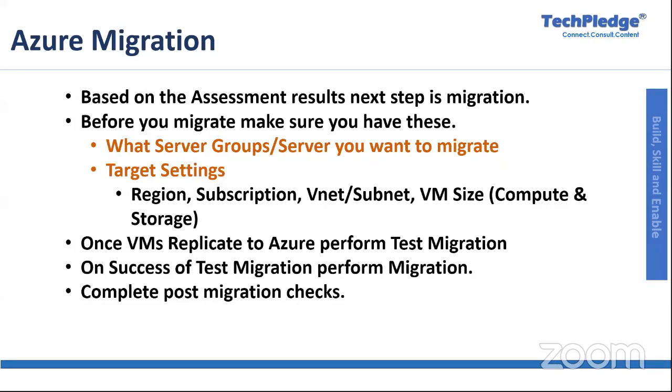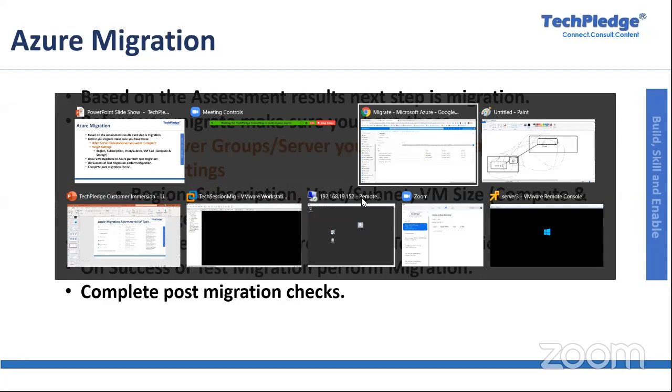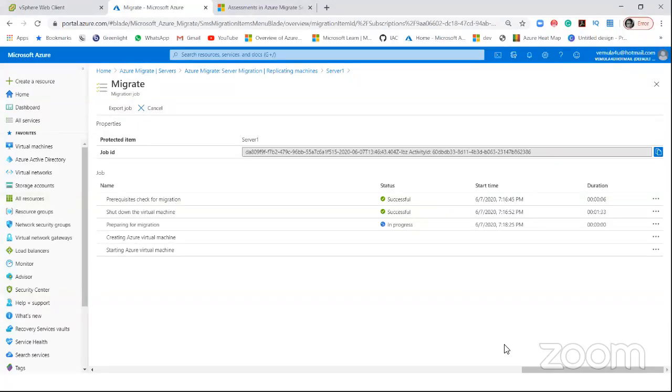That's where your private IP address comes into the picture. Now, if you have a requirement for a public IP address, then you can add that resource post migration to the network interface card of the VM wherever you need a public IP address. That's how you will configure that part. Hope that answers your question.